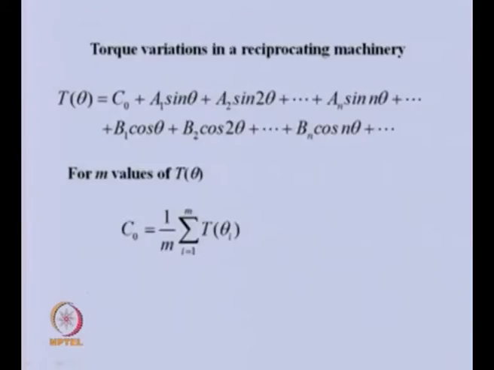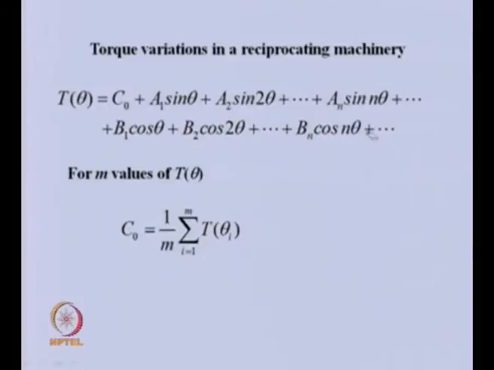For that, let us say this is the torque variation in the reciprocating engine machinery. Obviously, the torque will vary with the angular displacement of the crank. Because this is periodic, we can write it in the form of a Fourier series, in which we have a constant term and sine and cosine terms.